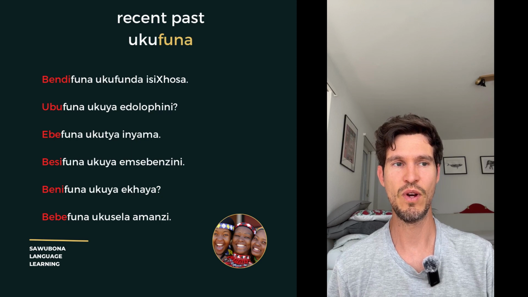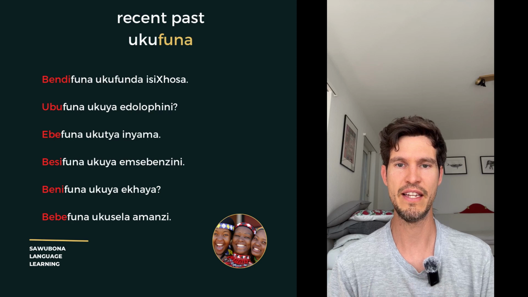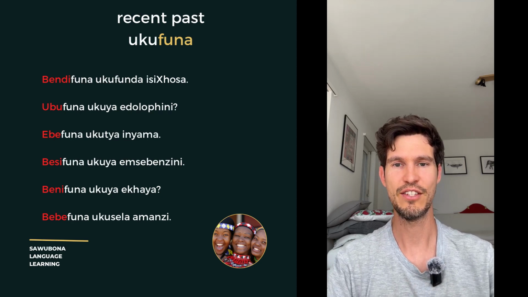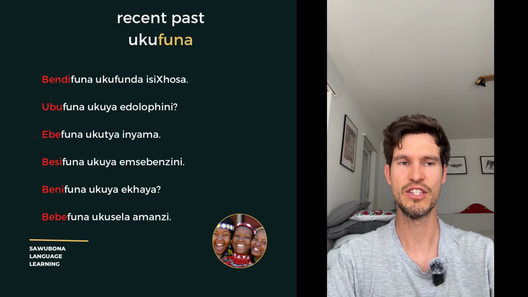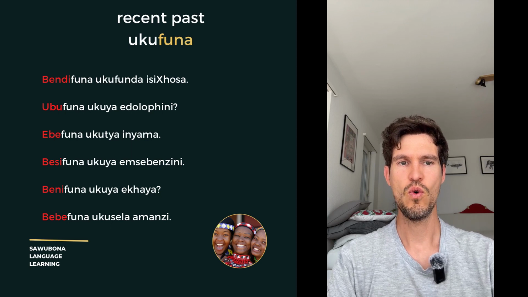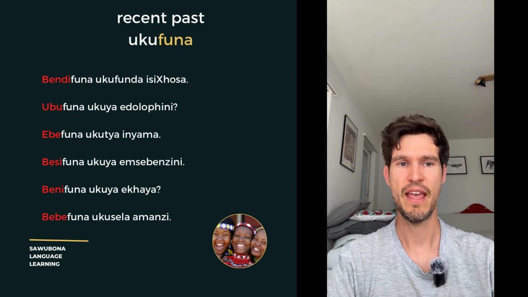So with ukufuna, we need to have this bendi or beni, etc. prefix for "I was wanting to, I wanted to." So we would say bendifuna ukufunda isiXhosa. I wanted to learn isiXhosa, or I wanted to study isiXhosa. Ubufuna ukuya edolopini. Did you want to go to town?